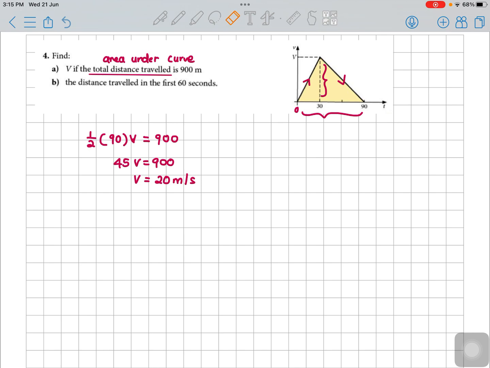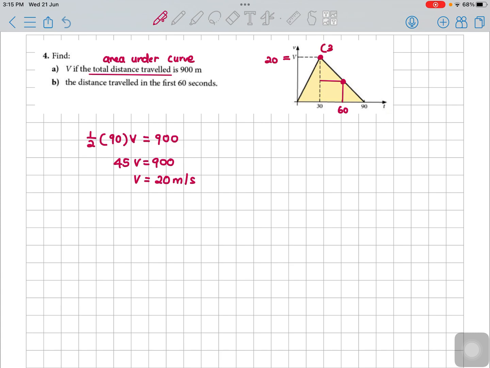The second part wants us to find the distance traveled in the first 60 seconds. So where is 60? Here. Okay, is 60 the midpoint between 30 and 90? Yes. So again you can use the easy concept since you already know the value of your V here. What is the value of my V? V is 20.